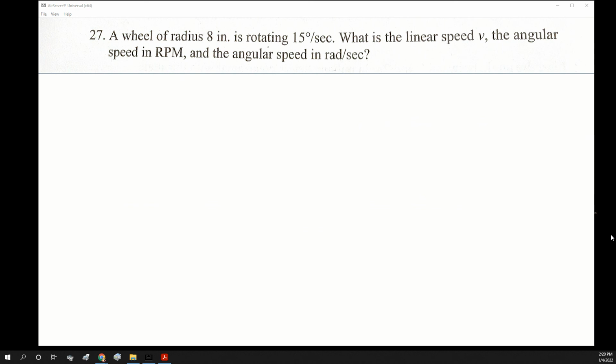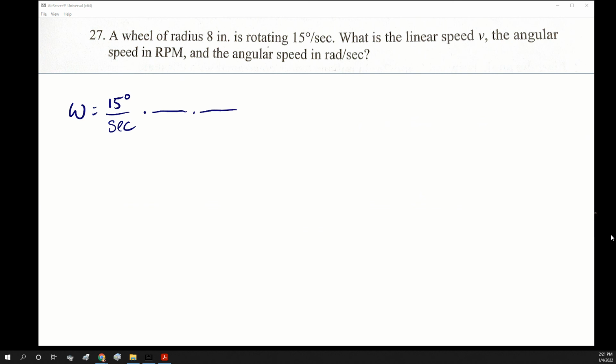So the angular velocity is already given to you in degrees per second. Let me rewrite that. But the second part, they want it to be in revolutions per minute. So let's just go ahead and do that. Let's change this to revolutions per minute. Okay, so we don't want degrees.